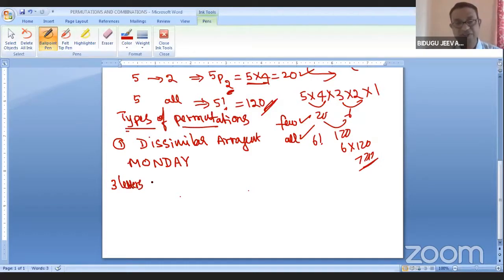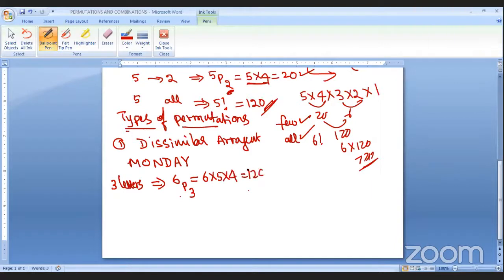What is the concept? Monday, how many letters are there? 6. Out of 6, we are picking 3. So the answer is 6 into 5 into 4, very clear, 120.